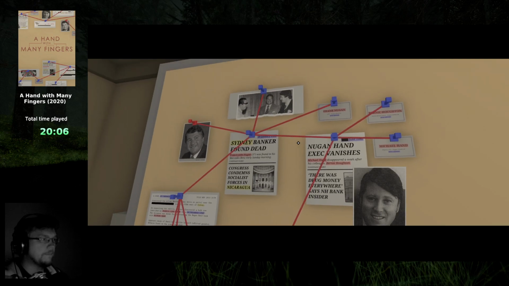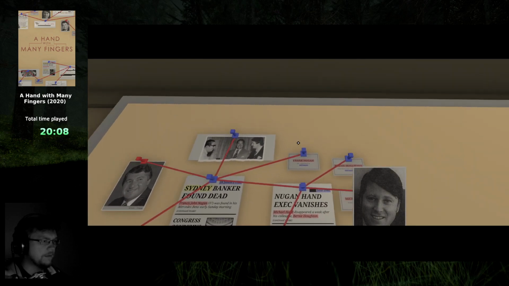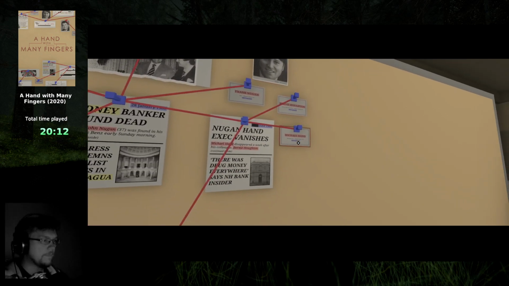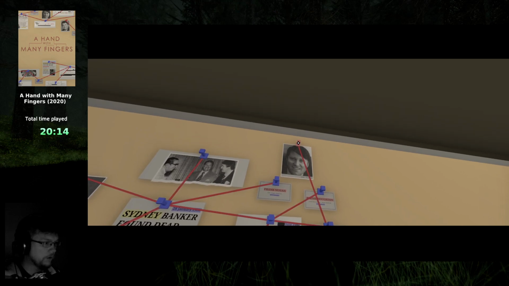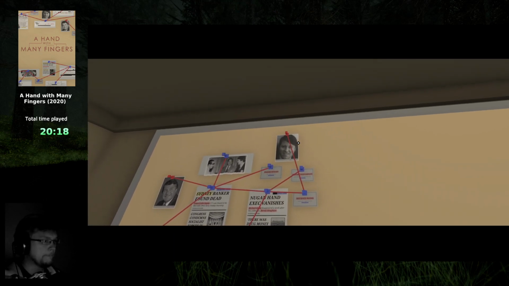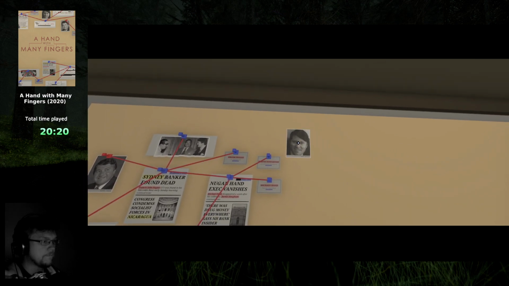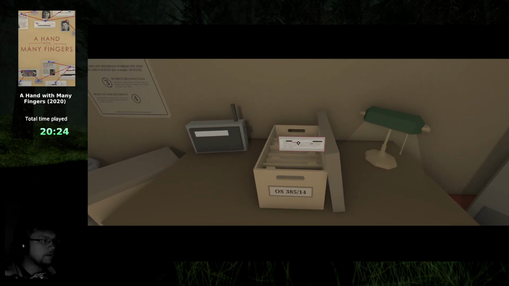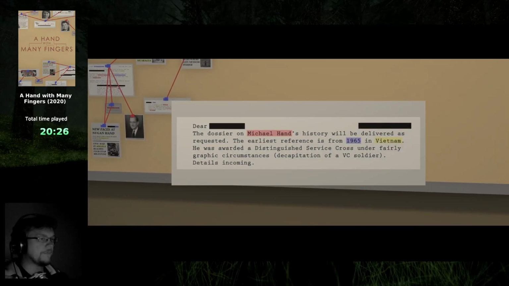Who appears... Is that him? I think that's him. My corkboard is gonna turn into such a mess. What were you up to?